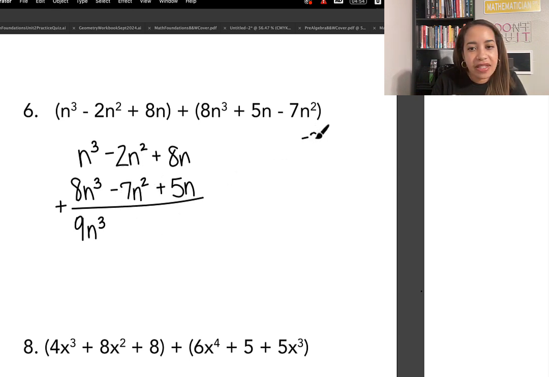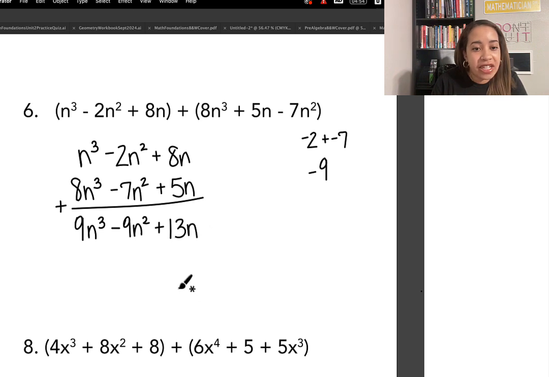Those have the same signs, so we can add the integers together. 2 plus 7 gives us 9, and then they're both negative, so we do get a negative 9. We will write negative 9n squared. Finally, 8 plus 5 gives us 13. So here's our final answer: 9n cubed minus 9n squared plus 13n.